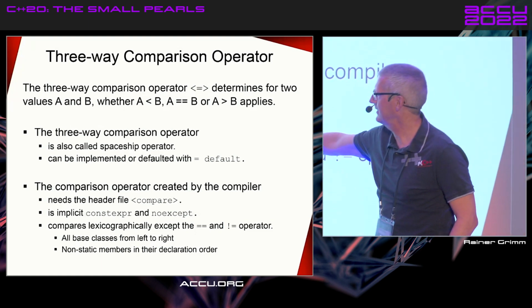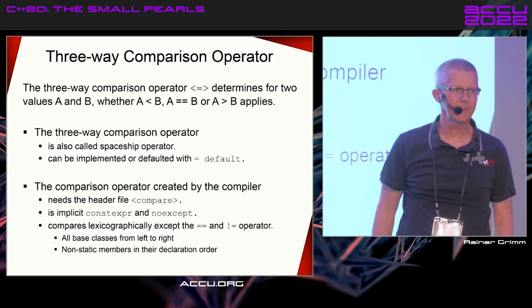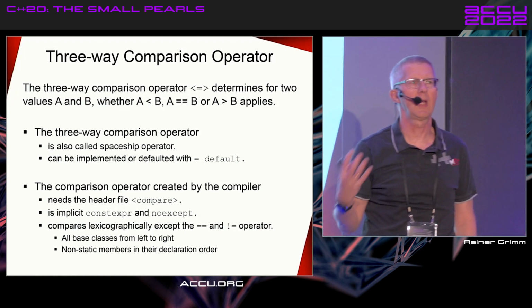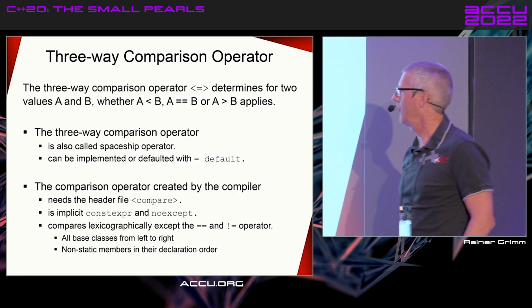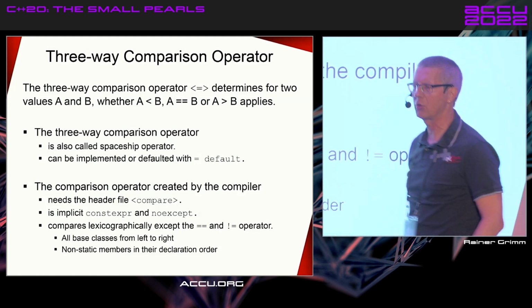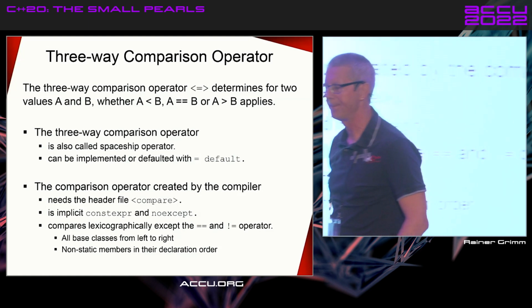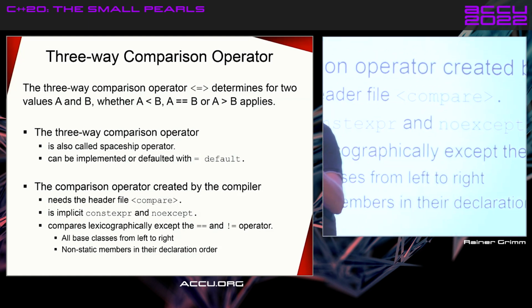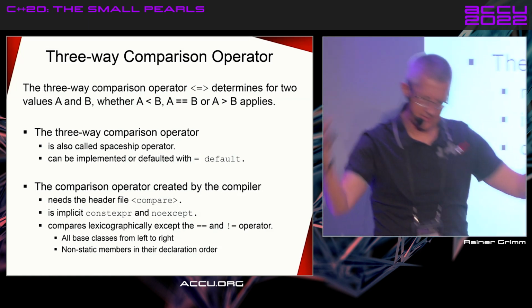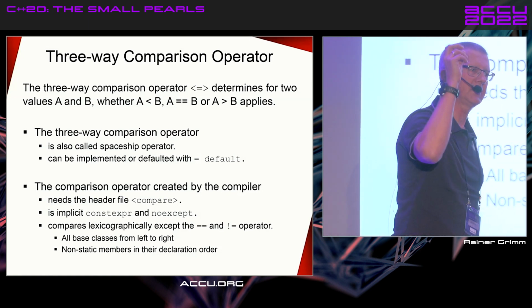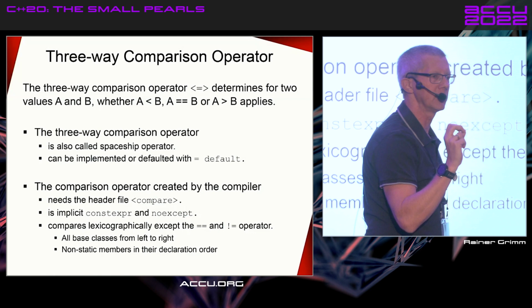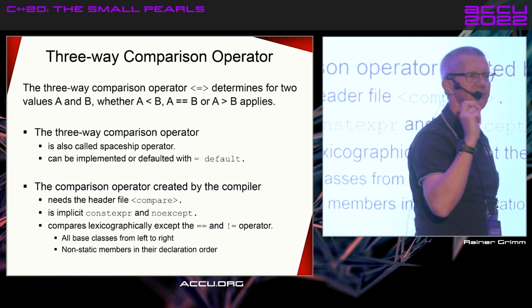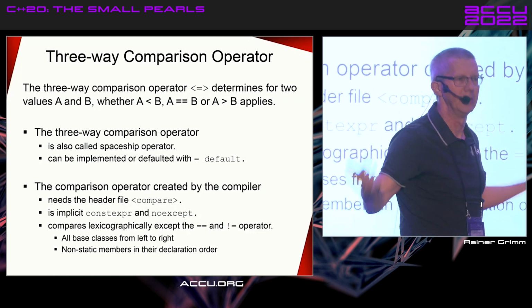They are implicitly constexpr and noexcept, meaning they could run at compile time. And they compare their elements lexicographically. What does it mean? When you have a class which has attributes and has base classes, all attributes are compared in their declaration order, and all base classes from left to right if you have multiple inheritance.